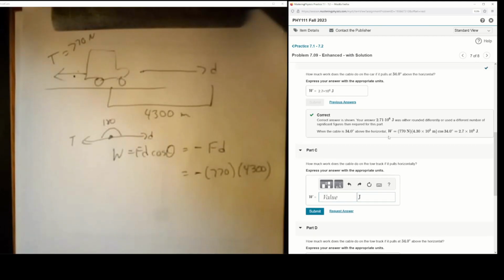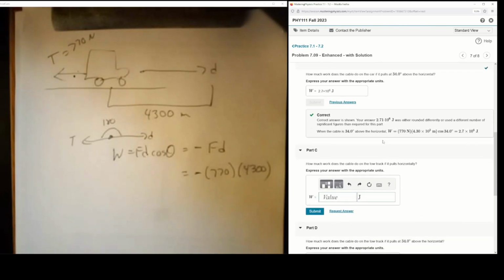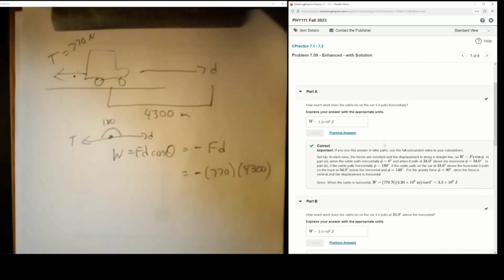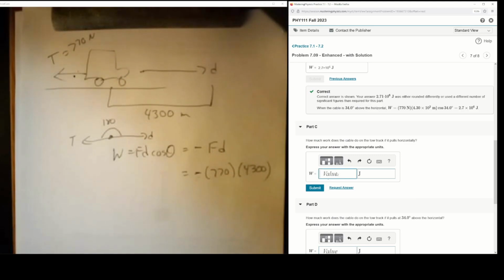And this is the same answer that we got for part A, 3.3 times 10 to the 6, except this one is minus.